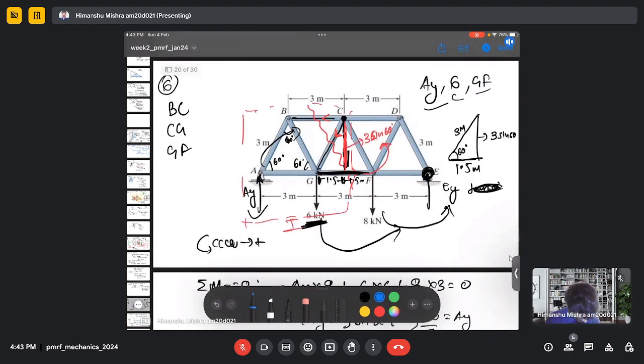So we identify the force here. So if I do now the force balance in the y direction, then I can actually calculate the force in this member, because we will consider the y component.